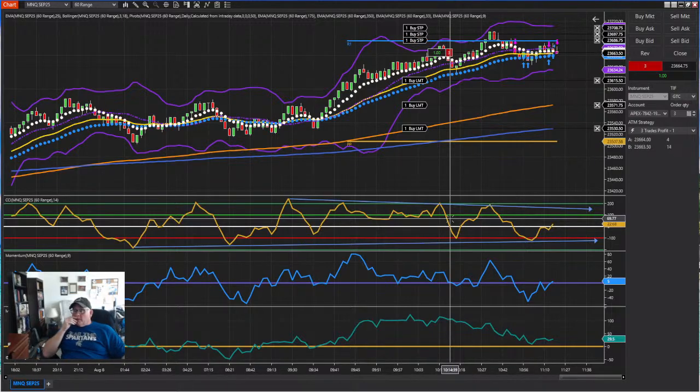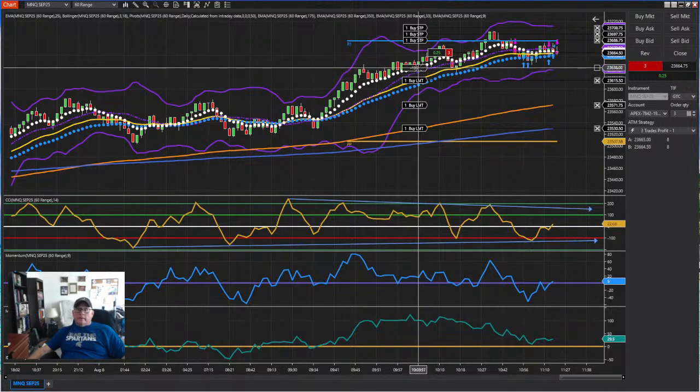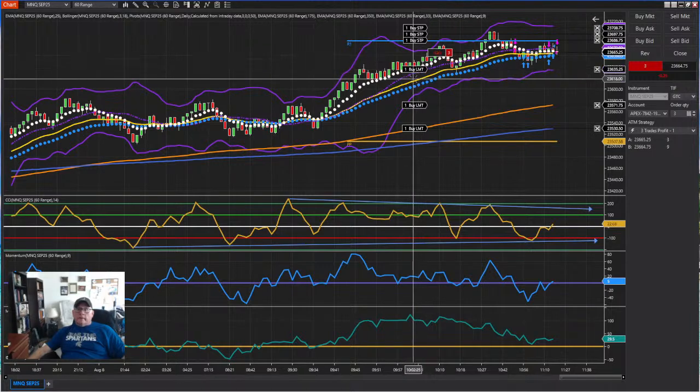This is my last trade of the day. 2R will exit. Looks like we're exiting on the R1 line. Looks like our first target is roughly right there.